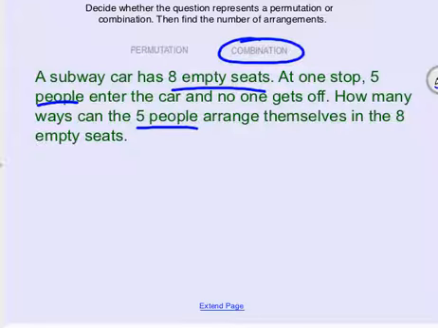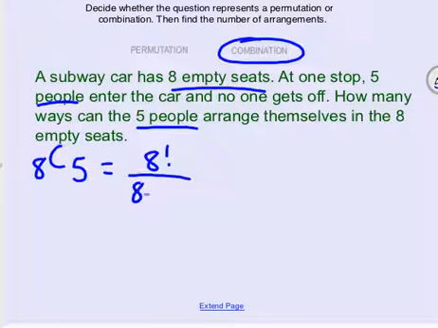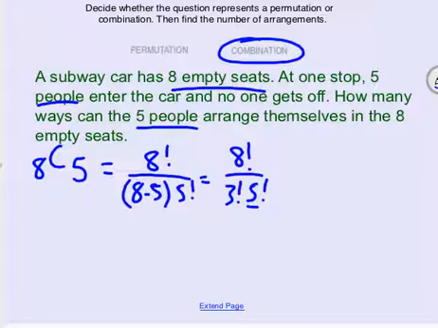So what I mean by that is this is going to be a combination. So at one stop, 5 people are choosing out of 8. So I go 8 factorial over 8 minus 5 factorial times 5 factorial. So this is going to be 8 choose 5, but 5's bigger. So I'm going to go 8 times 7 times 6 over 3 times 2.